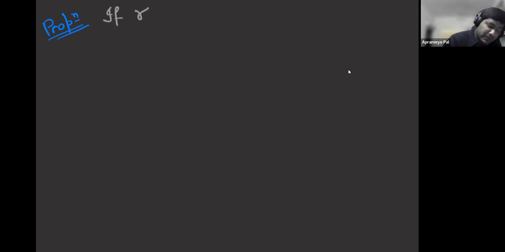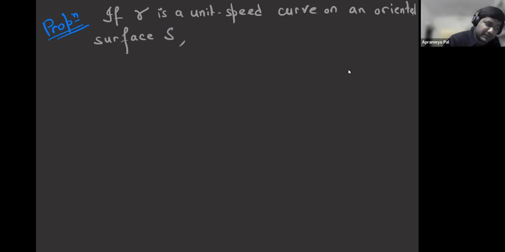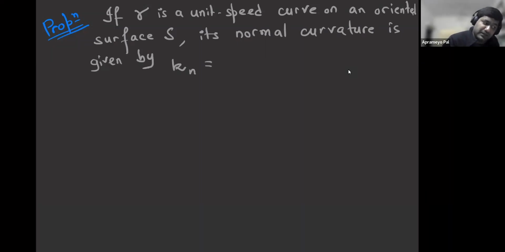That if gamma is a unit speed curve on an oriented surface S, then its normal curvature is given by kappa n as the inner product of gamma dot, which was the inner product given by the Weingarten map.